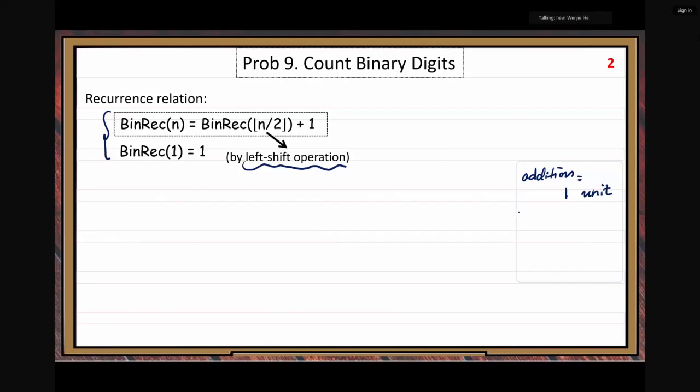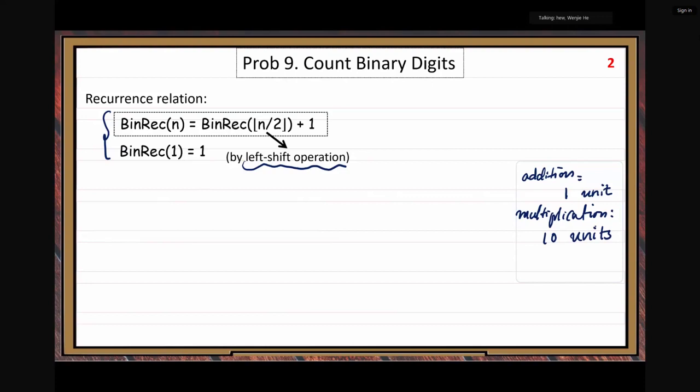Then multiplication, 10 units. That's slow. So that's why in our polynomial evaluation, we use the 1 to 10 ratio. Then division, but division that is not a power of 2.